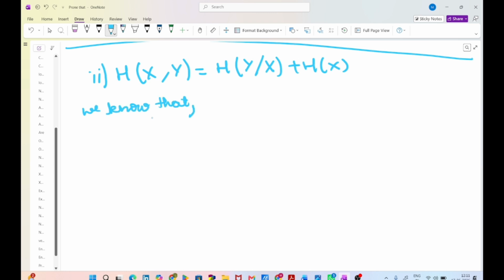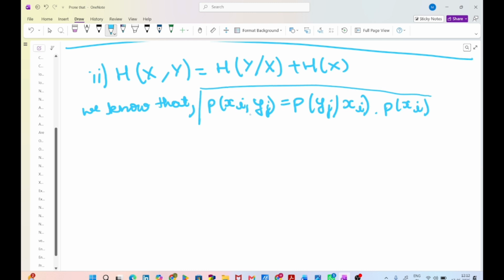We know that p(xi, yj) is equal to p(yj|xi) into p(xi). I will put a box to this one.